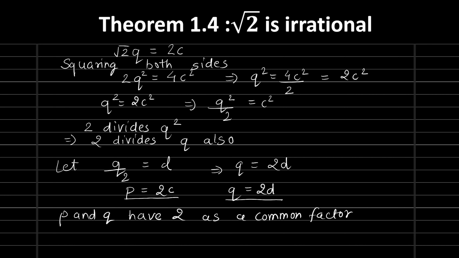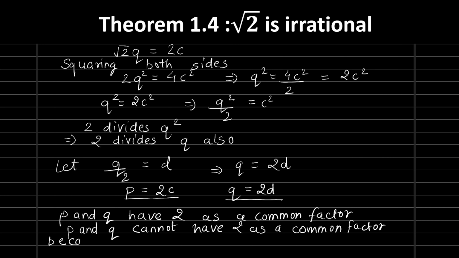that we can write p and q cannot have 2 as a common factor, because according to our assumption, p and q are co-primes, right?